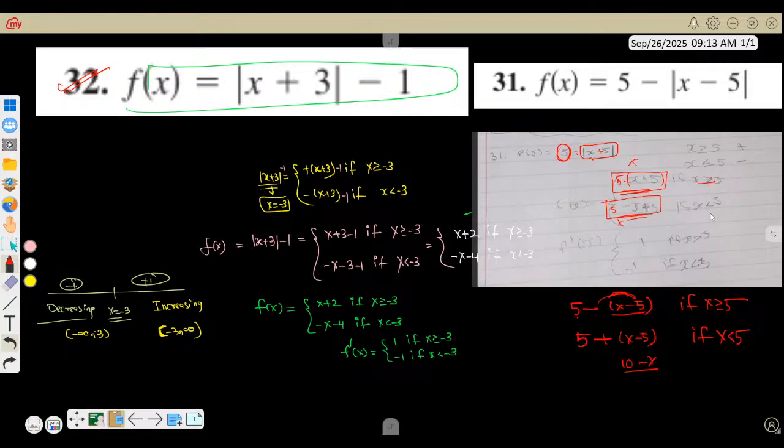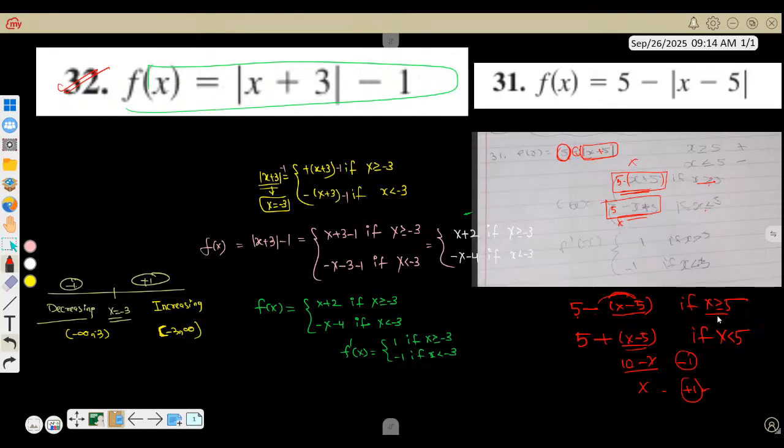But in the second case, when x is less than 5, this bracket will be negative. So this negative becomes positive, so this is positive x minus 5. The first function is 10 minus x, and the second function is only x. Now if you do the derivative, this will give you negative 1 or positive 1. Negative 1 means decreasing and positive 1 means increasing.